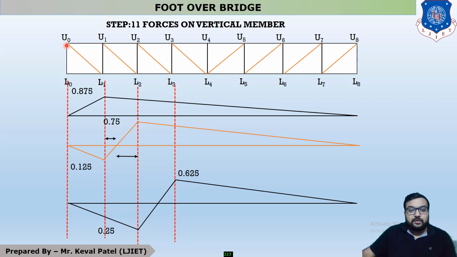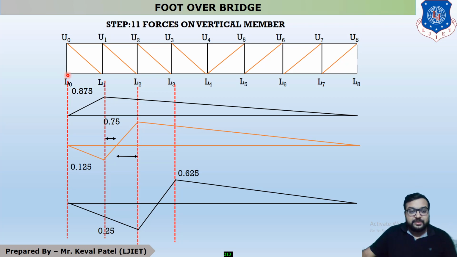Now whenever you design a vertical member, consider the upper chord and its next joint. The next member of U0 is U1, and at the bottom point, the point itself has the minimum value.